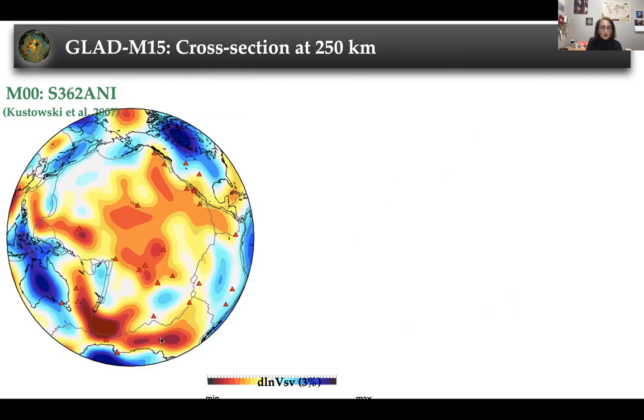So basically you are looking at the shear wave speed structure, where the red colors denote the hot material, low wave speed structures such as mantle plumes, and the blue color denotes the cold material, typically subduction zones and the cratonic areas, with high wave speeds. So you are looking at the shear wave speed perturbations, which is about 2% in this case, or 3%. And this is the starting model.